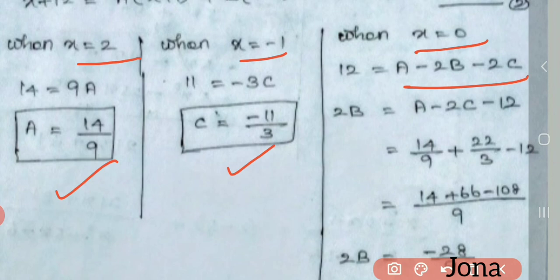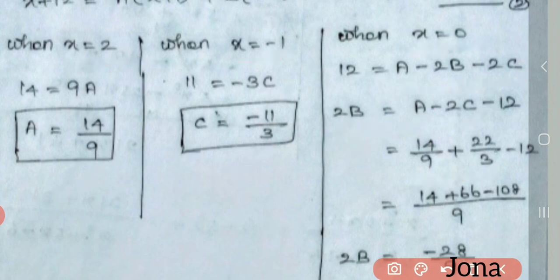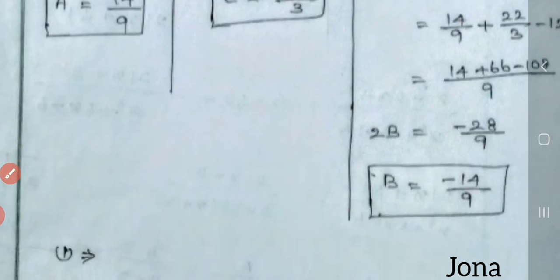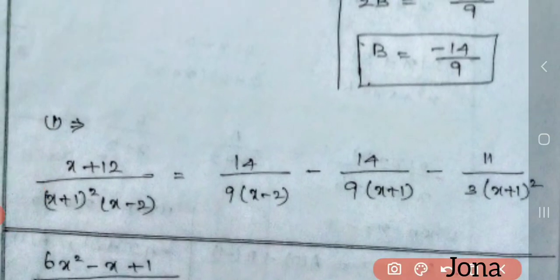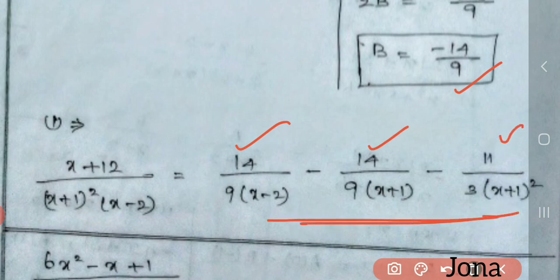Already we found the values of A and C. Substitute these two values, and you will get the value of B now. So now we got the value of B here. Therefore substitute all the values of A, B and C here. So that is the final answer for us.